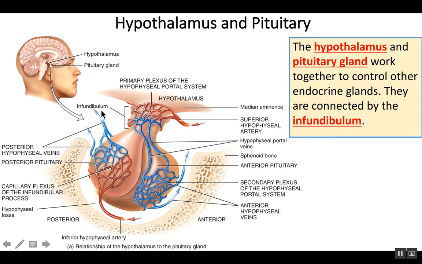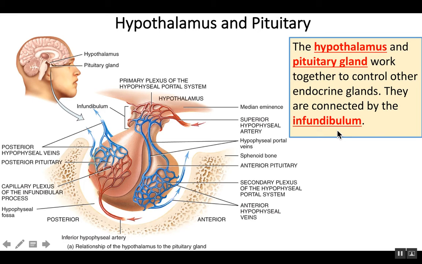Infundibulum means funnel, in that there are hormones that get funneled down to the pituitary gland. There is also blood flow that goes from the hypothalamus down to the pituitary gland. So the hypothalamus and pituitary gland work together to control other endocrine glands. They are connected by the infundibulum.